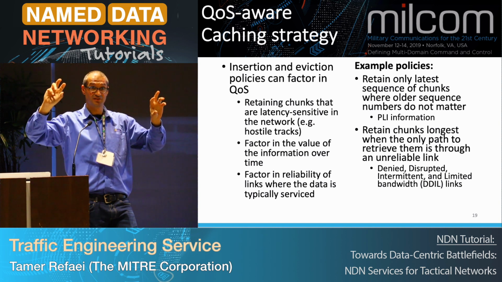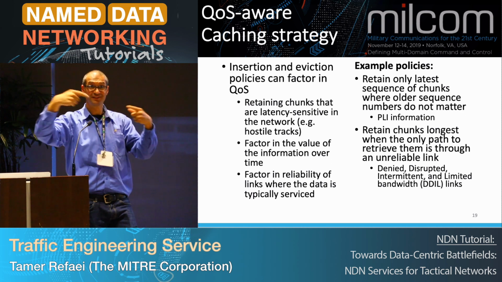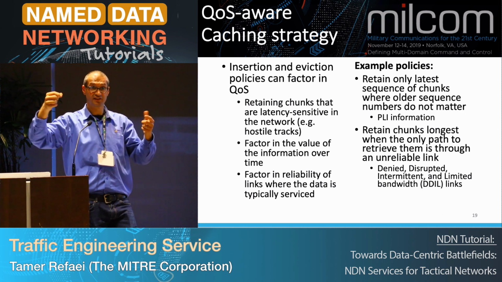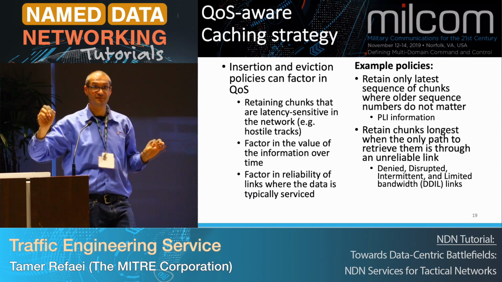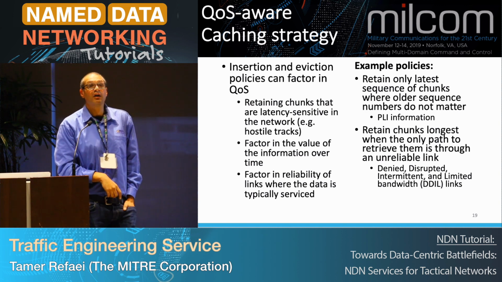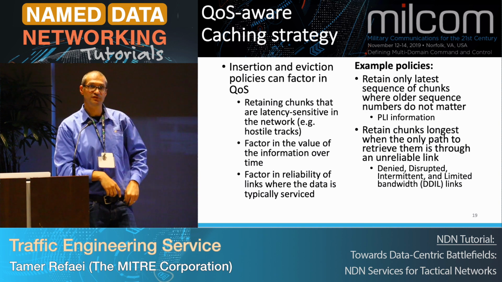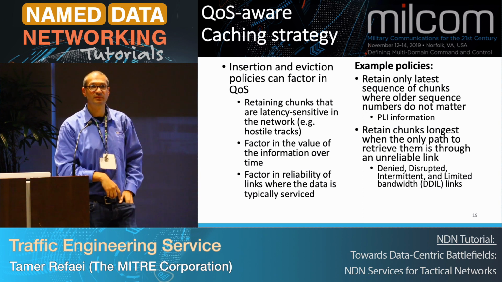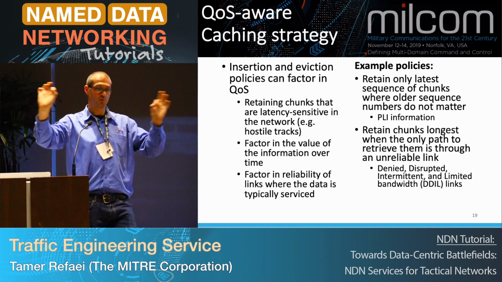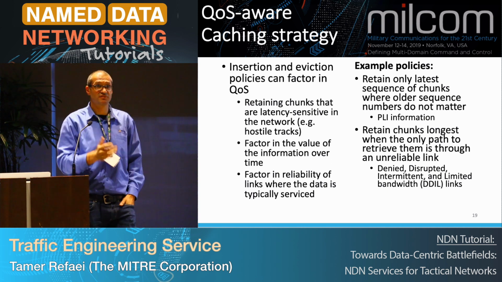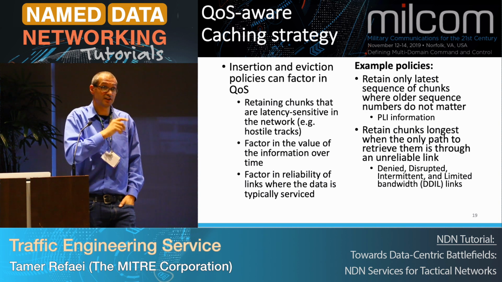But this is not end-to-end, it's just on a link basis. When I say a link, it's really a TCP or UDP connection, or I could also go straight over Ethernet between two nodes. The same goes, for example, if you use some variations of Bluetooth. In this case, I'm just going over Bluetooth directly, bypassing a transport. So a link is really just what connects two NDN nodes. NDN doesn't tell you what it is. You could do TCP, you could do IP, you could do a broadcast, you could go straight over layer 2, whatever you want.